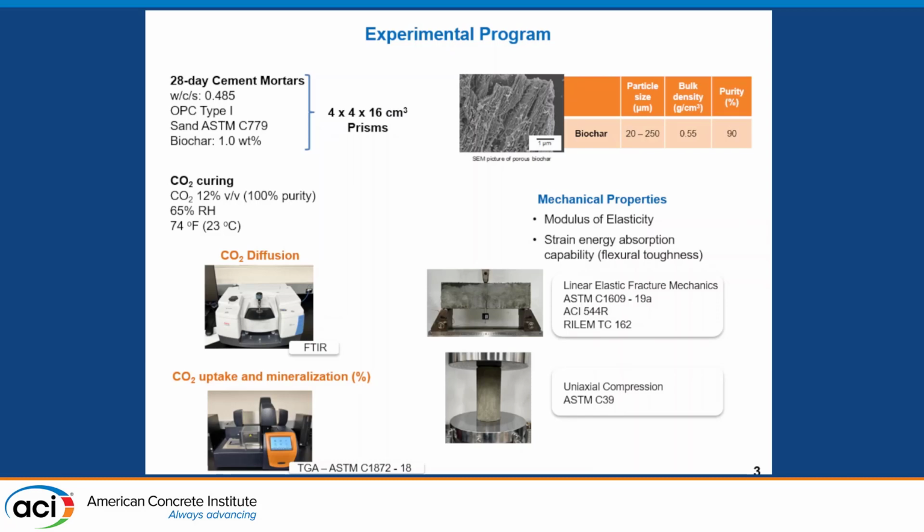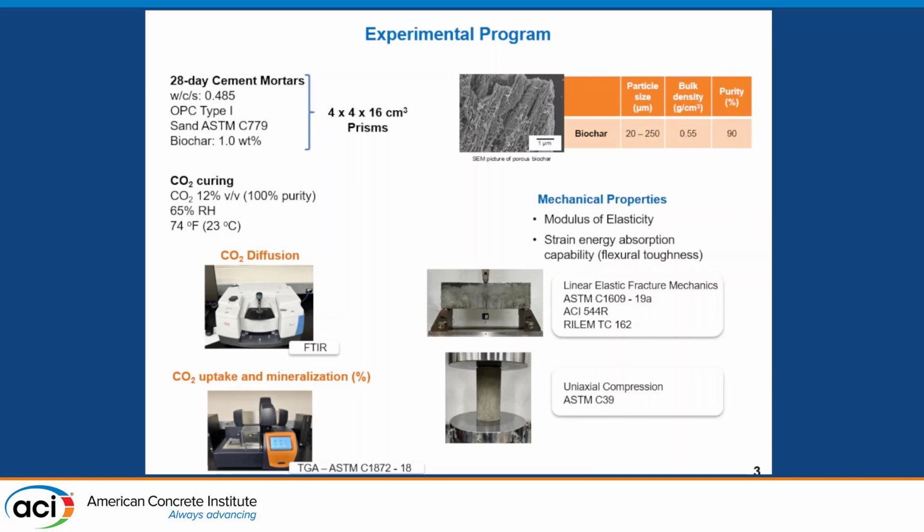What you see in this slide is our experimental program. We created specimens using biochar. This is not the preliminary work that we are doing with the biochar. We have already concluded that the optimum amount is 1%. I can go higher, but then I create many other problems.